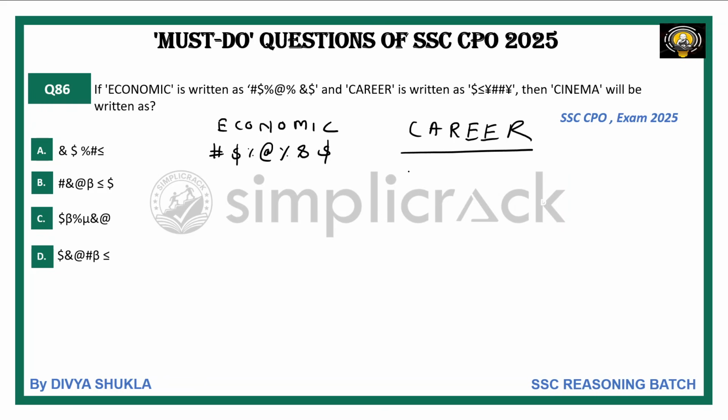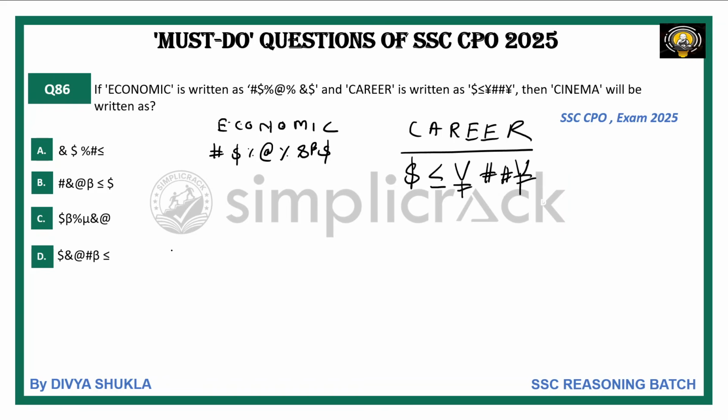Carrier is coded as dollar, less than equal, then I'm having this type of symbol, again this type of similar, and hash. How many symbols are there? 1 2 3 4 5 6 7. We need one more. I think beta should be present here.